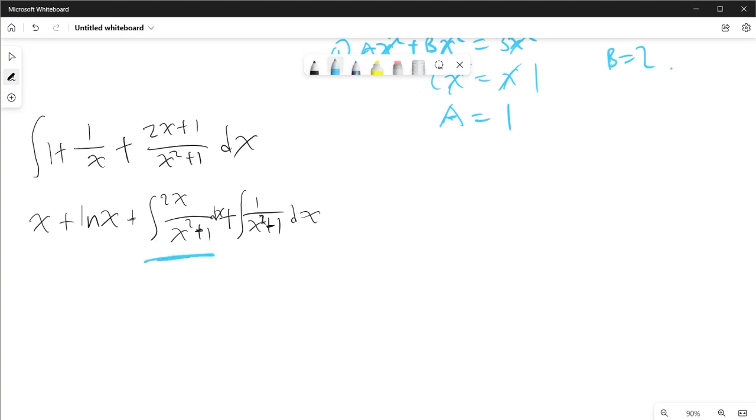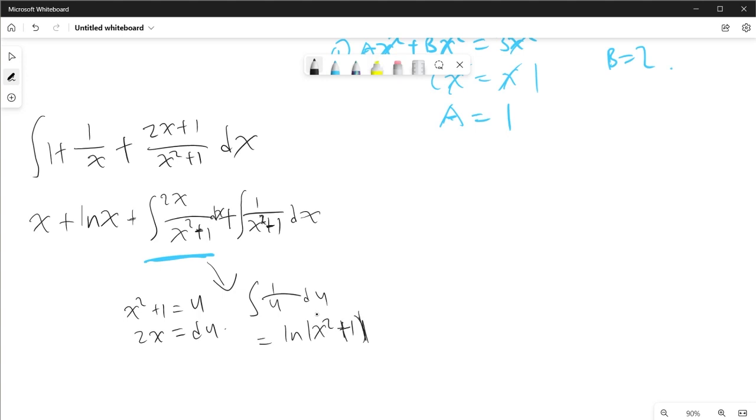For the first part of that, with x squared plus 1 as the denominator, I can use u sub. I can make the denominator equal to u, so then 2x dx would be du. So now this becomes 1 over u du, then this will be just ln u, which is ln of x squared plus 1.